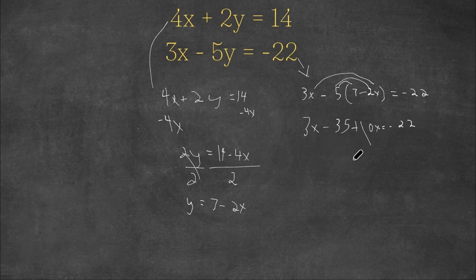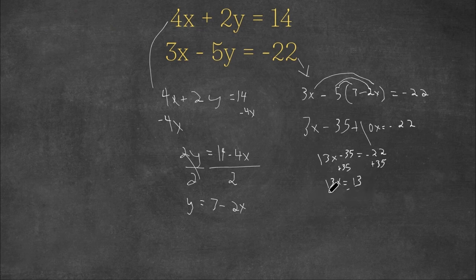Now 3x plus 10x is 13x minus 35 is equal to negative 22. Now if we add 35 on both sides, we get 13x is equal to 35 minus 22 is 13.